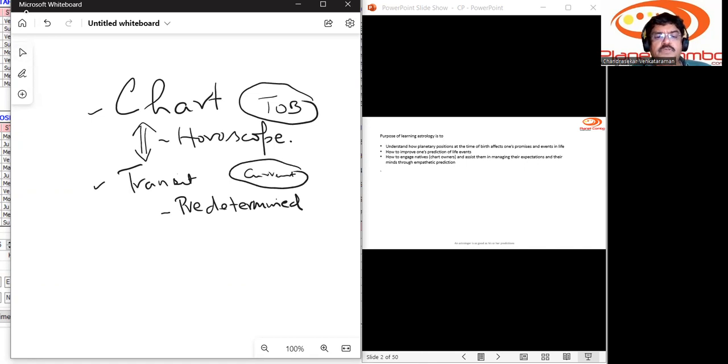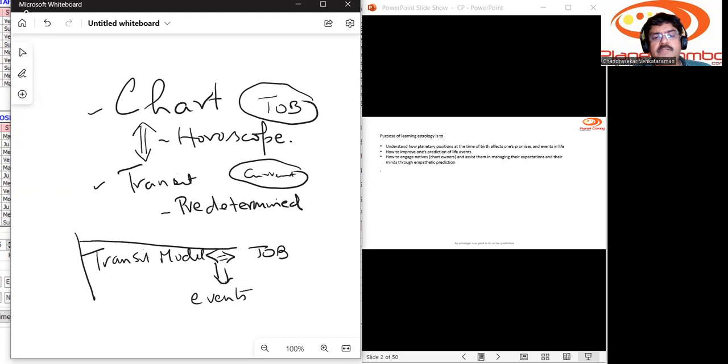So the transit model is matched with the time of birth model, and you get an event. This is in simplest terms how mathematically astrology works. This is the basis of astrology. So you have a transit model, you have a time of birth model, match these two and get events, right?